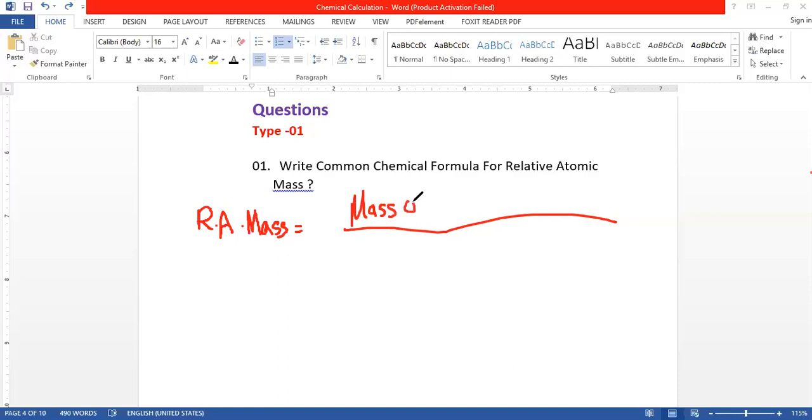Mass of an atom of an element. Mass of an atom of the element. Please write and practice. It's really tough.